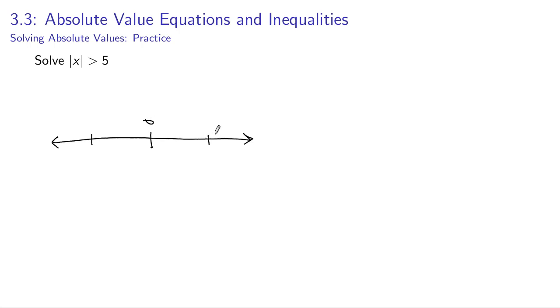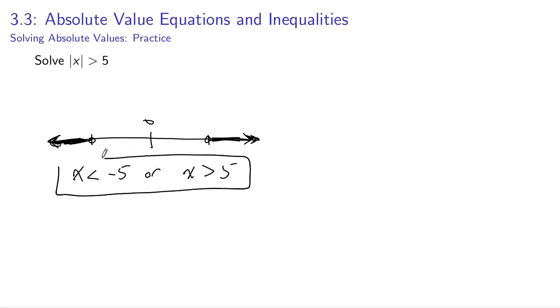So x then has to be either bigger than 5, or it has to be smaller than negative 5, in order for us to get a true value in this inequality. If I put in minus 6, I get the absolute value of minus 6 is 6, which is bigger than 5. So the answer is x has to either be smaller than negative 5, or x has to be bigger than 5.